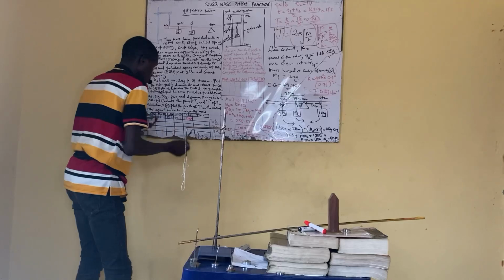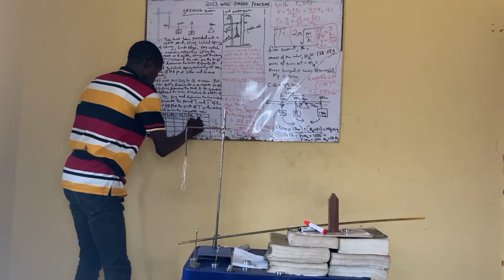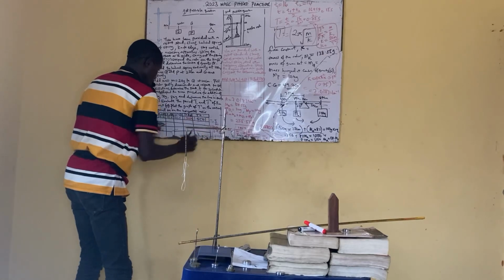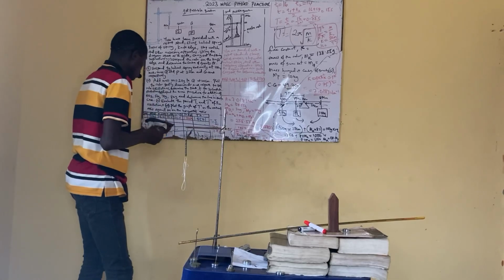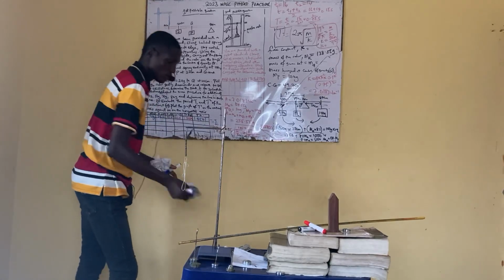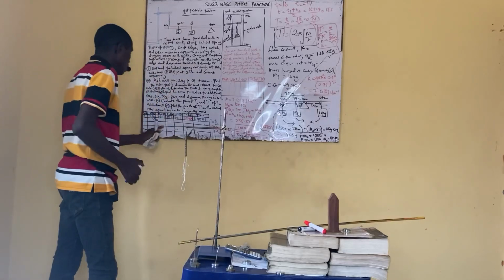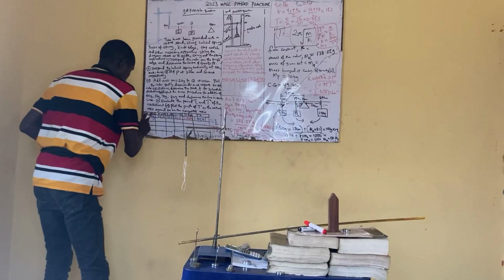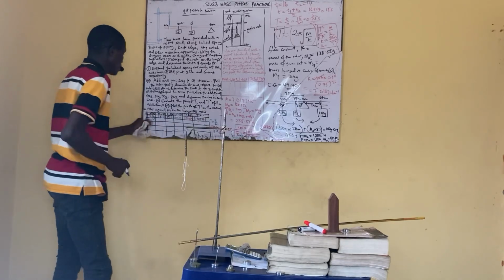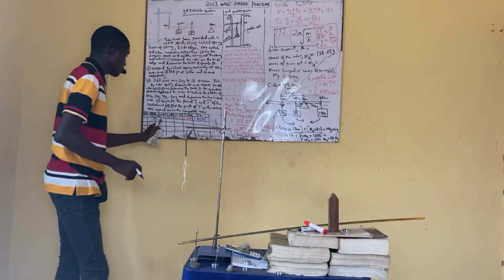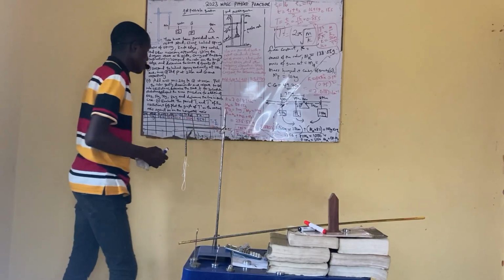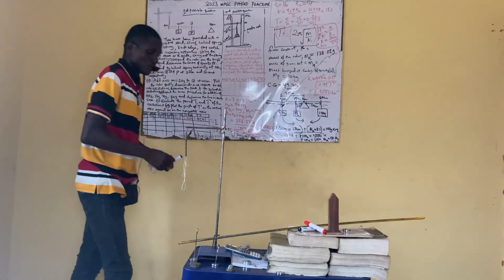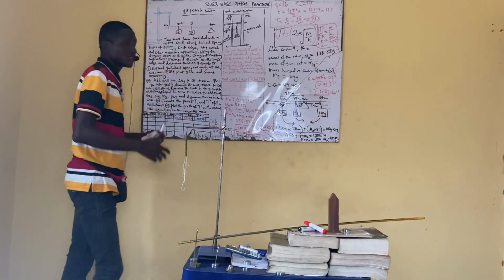So I will have 1.4541 to 4 decimal places. You can also add zeros to make it uniform. So you can extend this one from 20.000 to 2 decimal places, this one 2 decimal places, this one 4 decimal places, and then you can approximate later. So that's about that if you want to manipulate this.